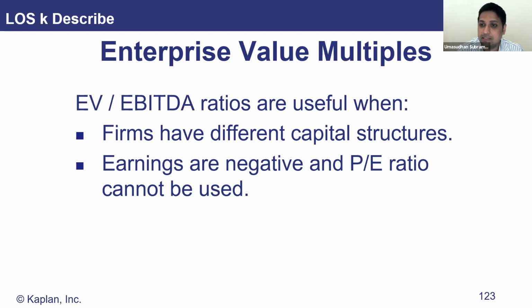And also remember, this is suitable for companies with different capital structures. If one company has a debt to equity ratio of 100% and the other company has a debt to equity ratio of 60%, both companies have different debt to equity ratios, isn't it? So when companies have different capital structures, your net income is going to be impacted.